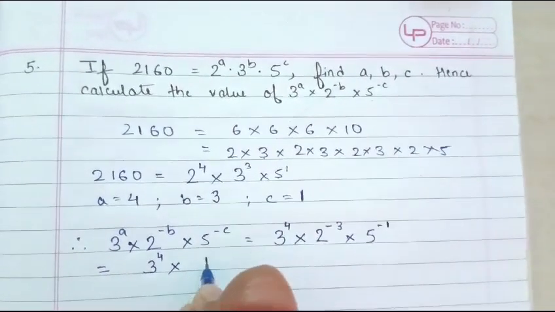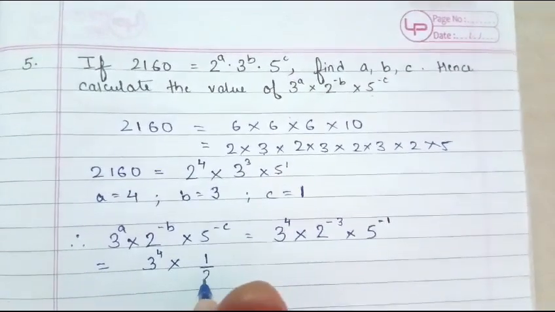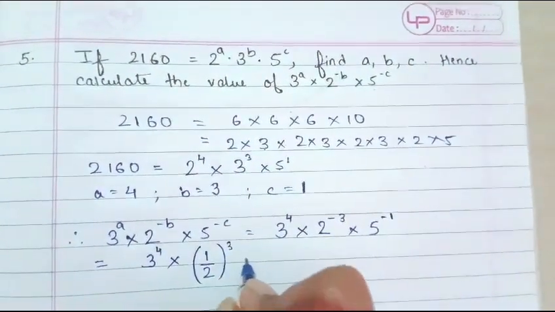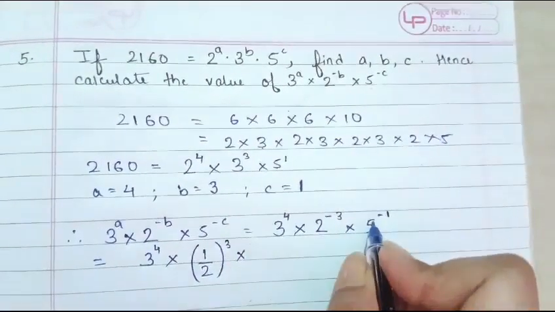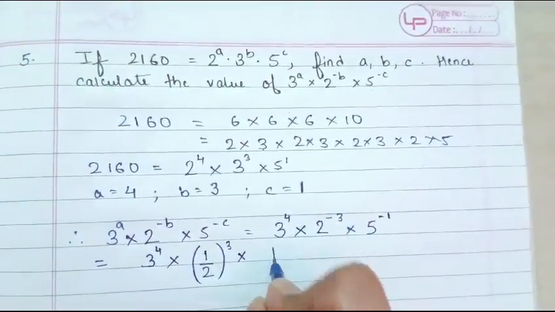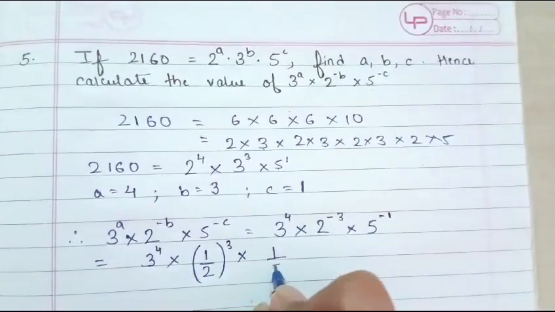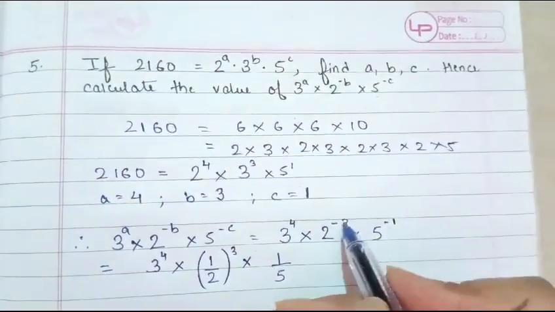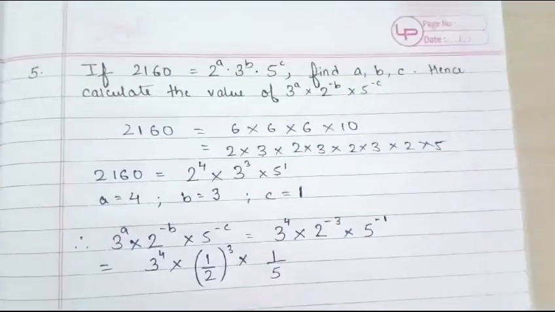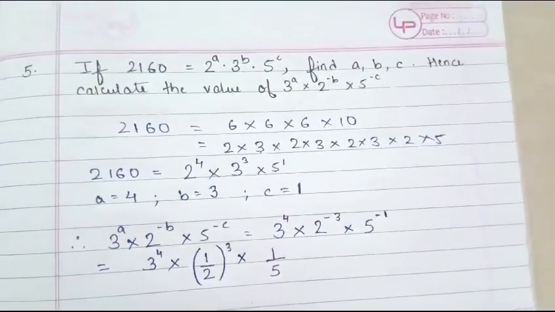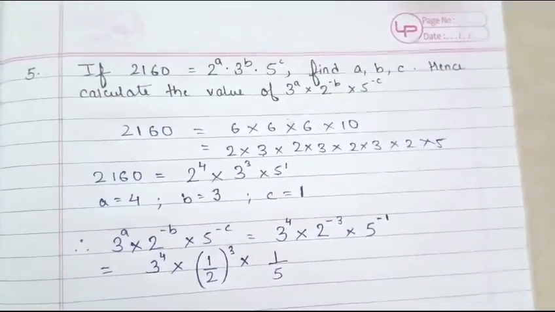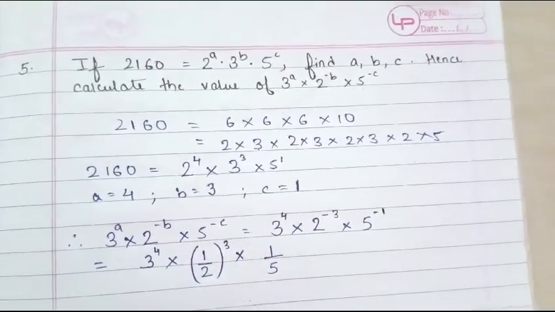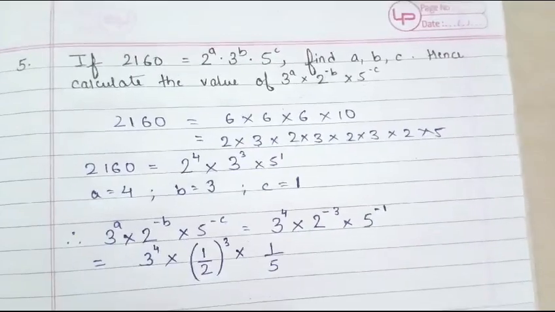So this can be written as 1 by 2 whole raised to the power 3 into 5 raised to the power minus 1. So that will be 1 by 5. Okay, nothing, we have just removed the negative power. Okay, and then using that, what have we done? We have just written it in its reciprocal form. Okay, so always make it a habit to do that.